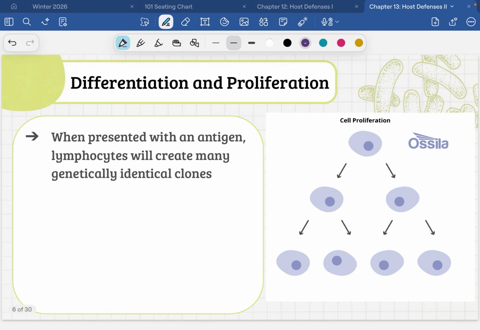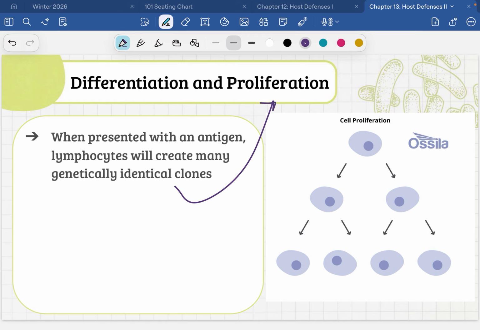Okay. So we're going to cover a couple more definitions before we get into the different stages. The next one is something called differentiation and proliferation. Again, these are words that are not going to make much sense right now, but I have to introduce them to you now, and we're going to talk more about it in just a couple slides. So when presented with an antigen, lymphocytes will create many genetically identical clones.